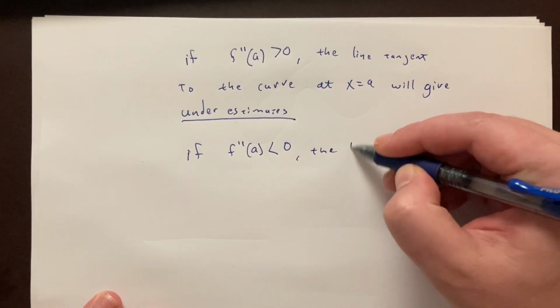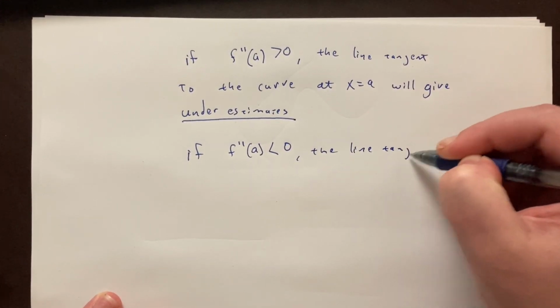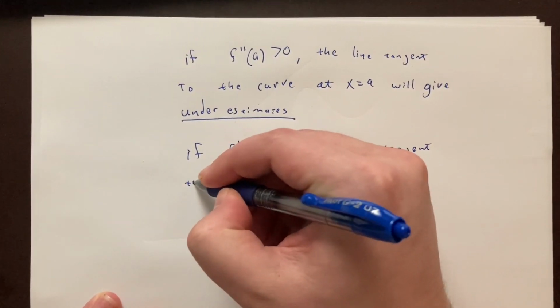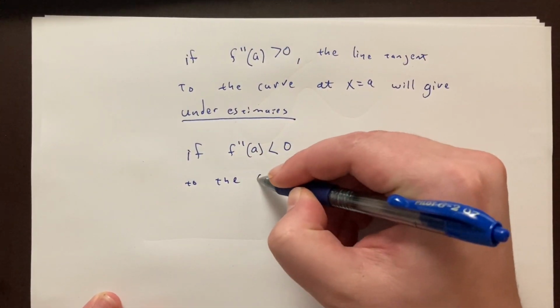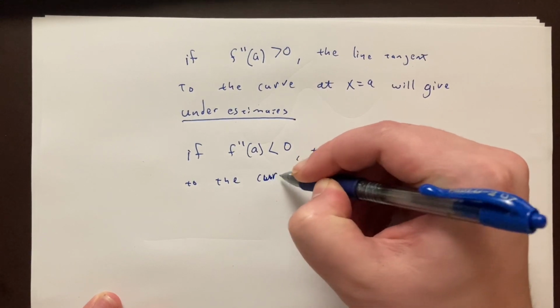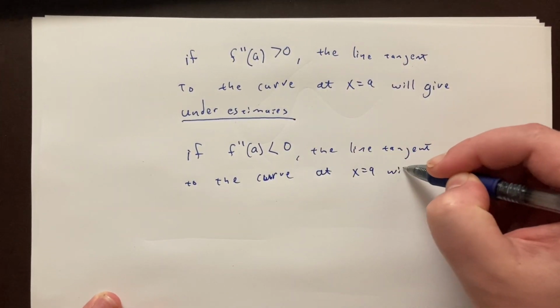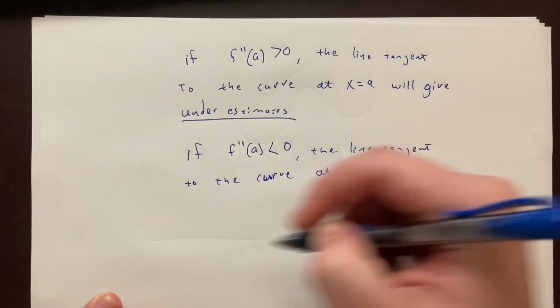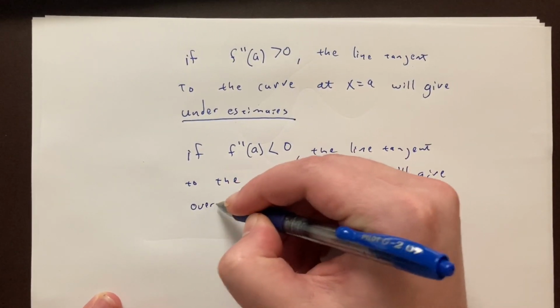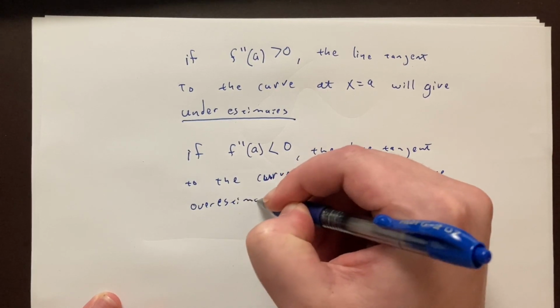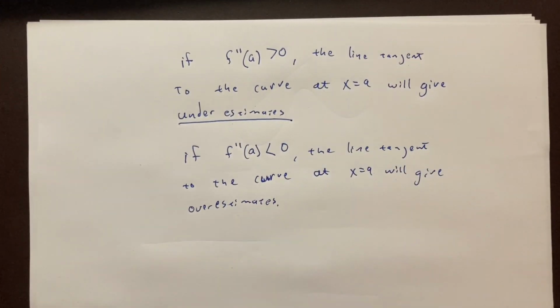The line tangent to the curve at x equals A will give overestimates. And that's the line tangent to the curve.